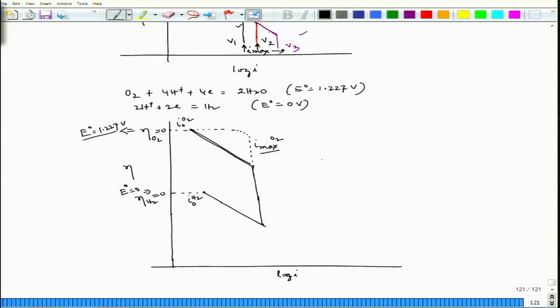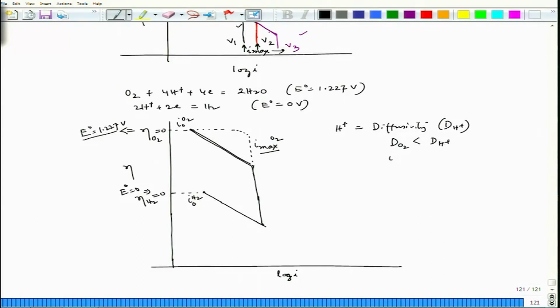And if I consider the H plus ion diffusivity, DH plus, and DO2, DO2 is actually less than DH plus.